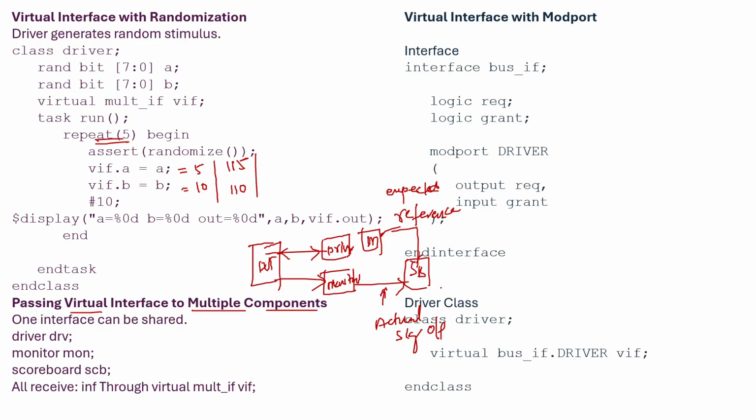In virtual interface we are also using the mod ports. Mod ports give the direction to the ports, module ports. Here I am using the driver. That means whatever the DUT input signals are there, all those signals should become outputs to the mod port driver. And whatever the output signals in your DUT, those should be inputs to the driver.